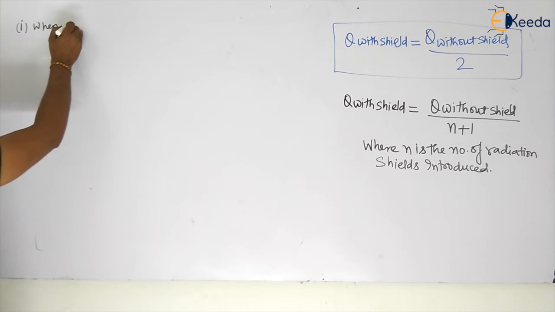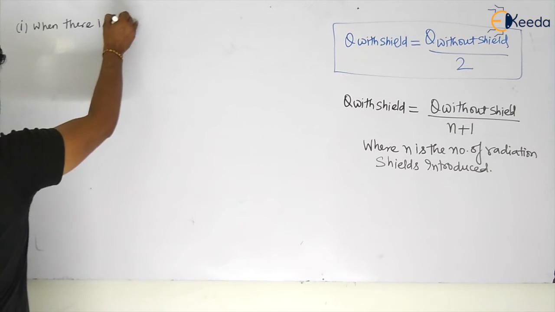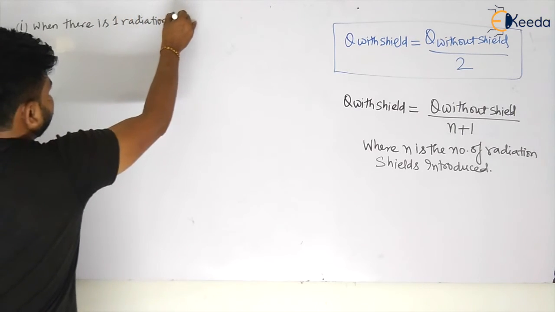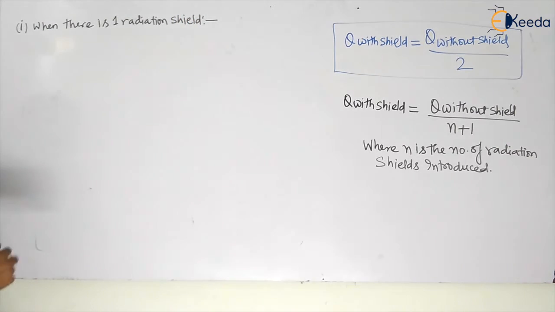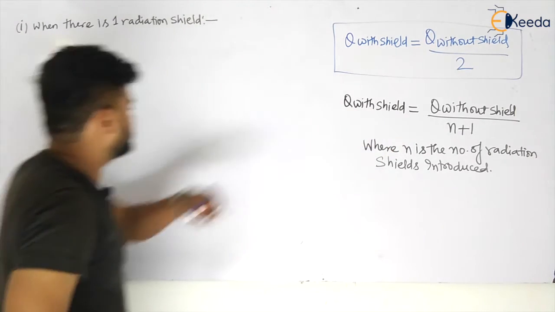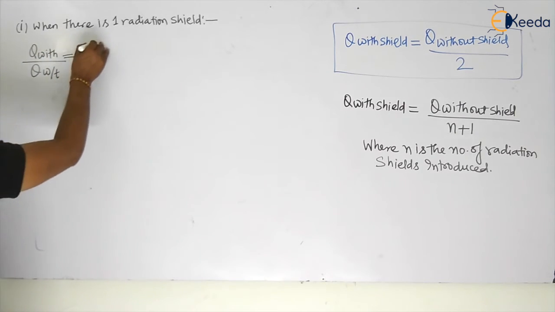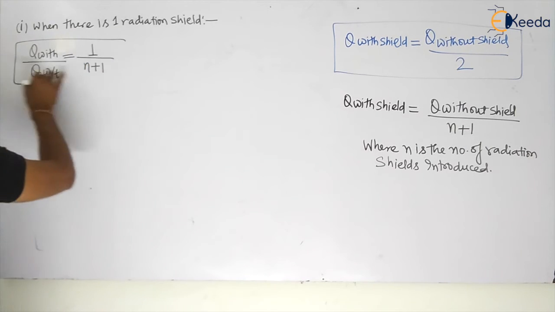When there is one radiation shield, Q with shield divided by Q without shield is equal to 1 upon n plus 1, my dear students.